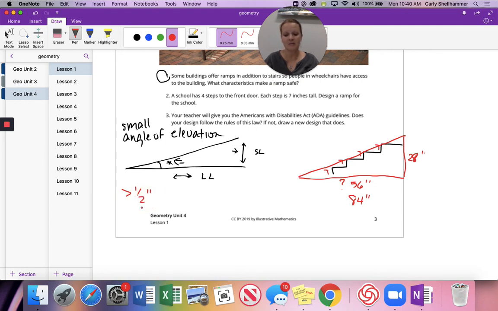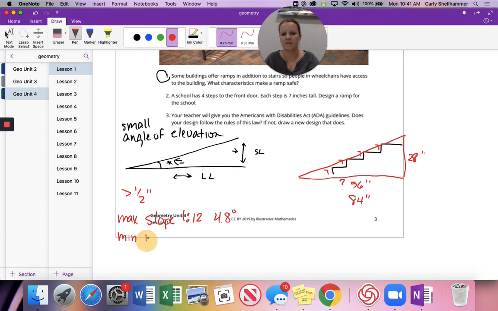Ramps have a maximum slope of 1 to 12 or 4.8 degrees. And then ramps have a minimum width. I didn't even think about the width because the chair has to fit on it. It can't be a really skinny ramp.